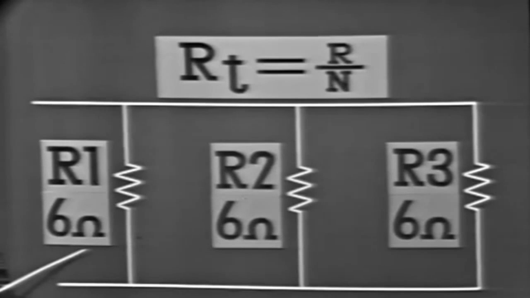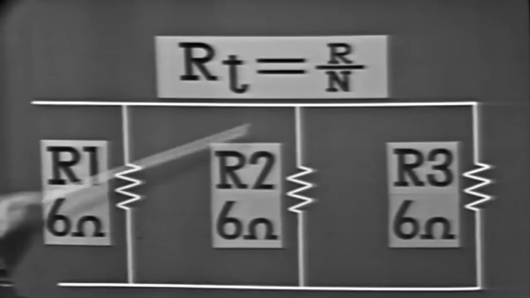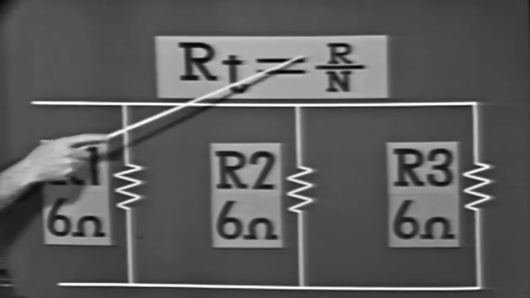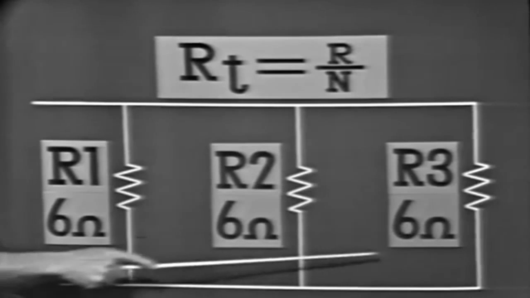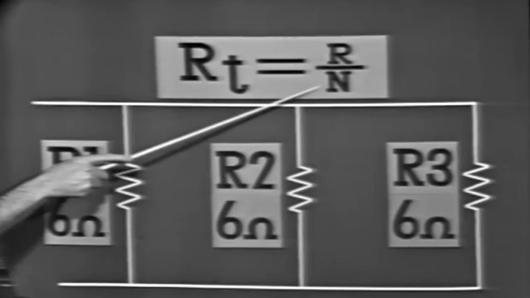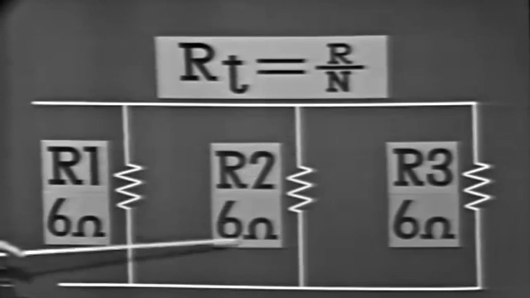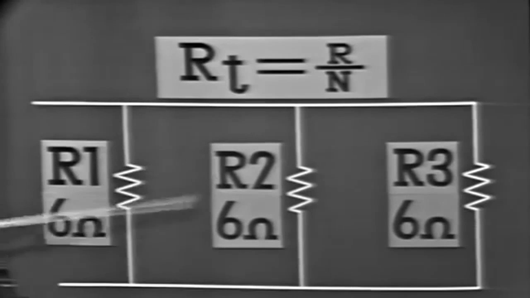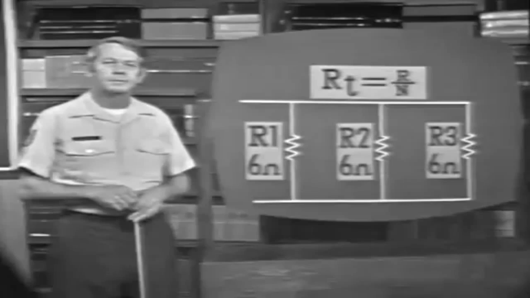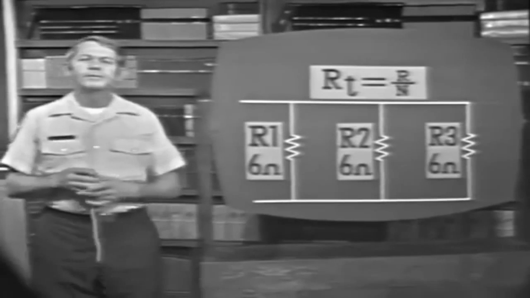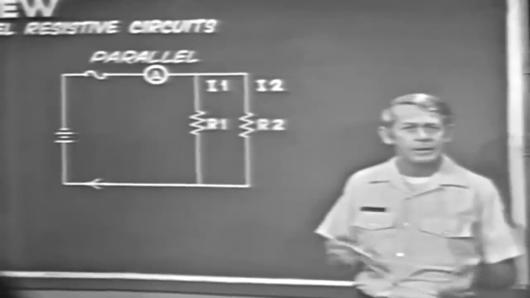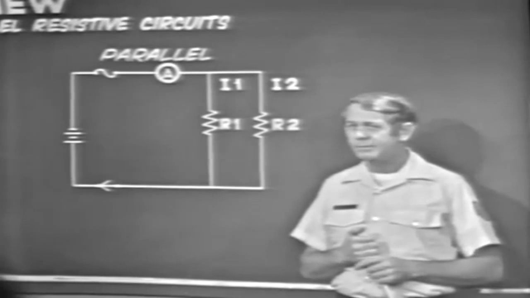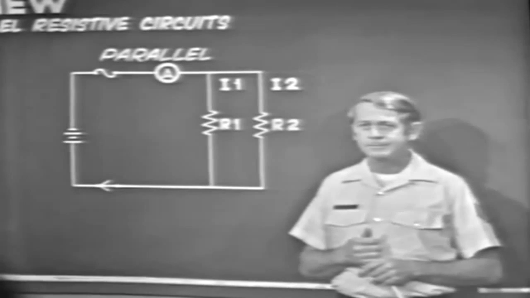Here you divide the resistance of one resistor, 6 ohms, by the number of resistors, the N. In this case, you would divide 6 ohms by 3 and get a total resistance of 2 ohms. Of course, the more you use the formulas, plugging values in, solving for total resistance, the more you'll become familiar with them, and you'll find you'll have no problem solving for total resistance.